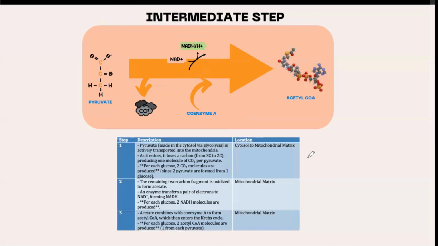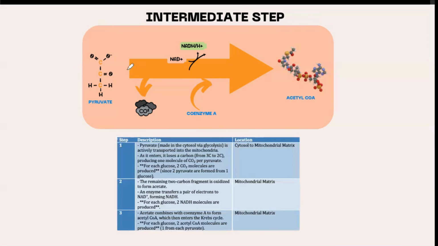Now, where the hydrogen comes from: that hydrogen comes from the conversion of NAD to NADH. So we're forming that acetyl CoA and taking the NAD plus and forming NADH by the addition of hydrogen.